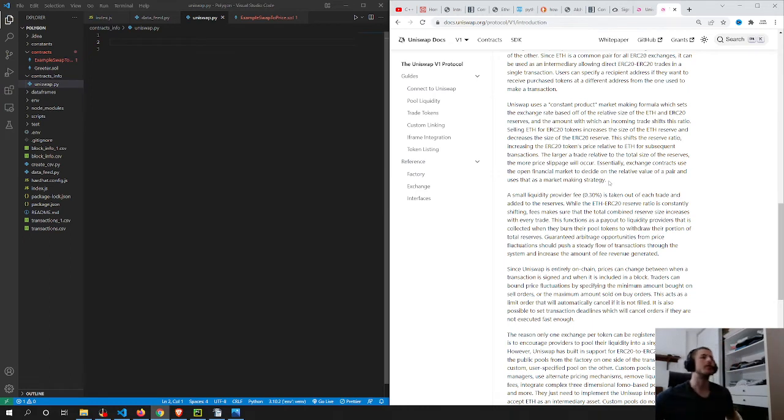But if they are changing the ratio, then what happens with the person that is providing the coins? Because their distribution of the portfolio is gonna change as well. So let's say they deposit 7,000 USDT and 3,000 ETH, and then someone buys $2,000 with 1,000 ETH.